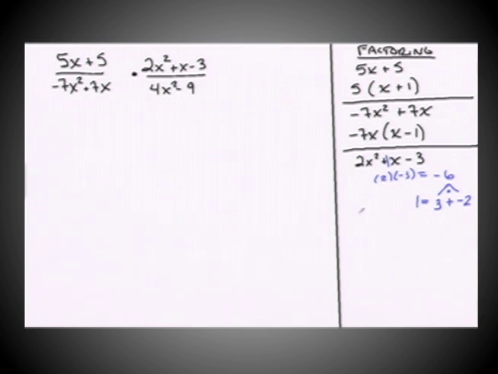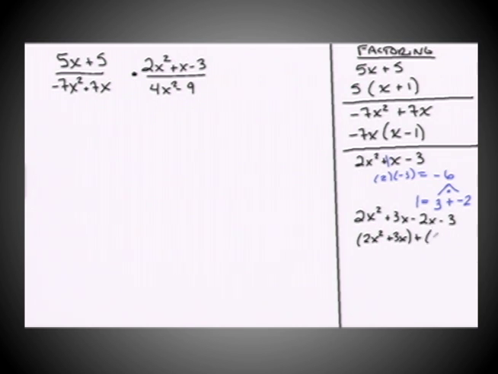Now we rewrite the polynomial, busting up that bx term so that we can finish this process through factor by grouping. All right, so I'm just going to group those first two terms together because they have a common factor of x.